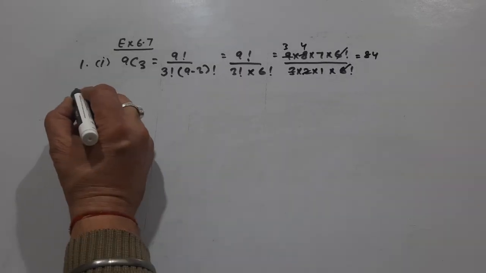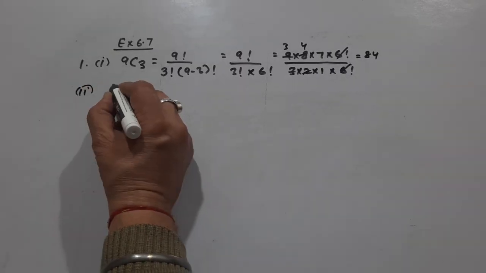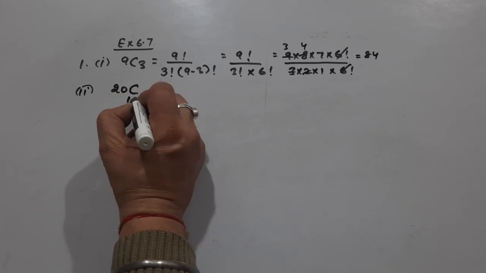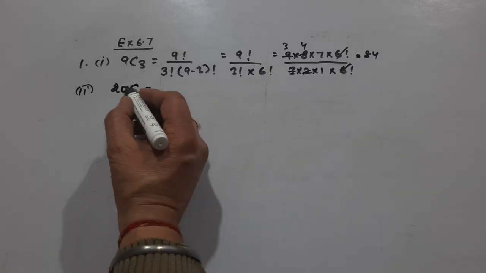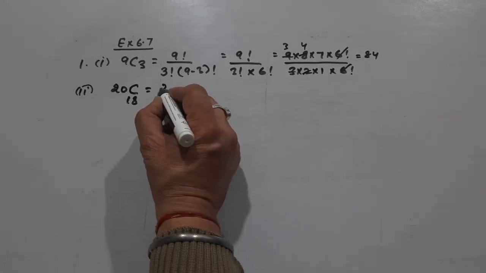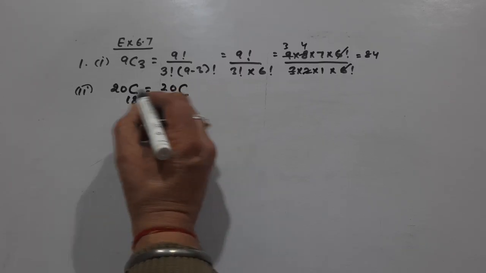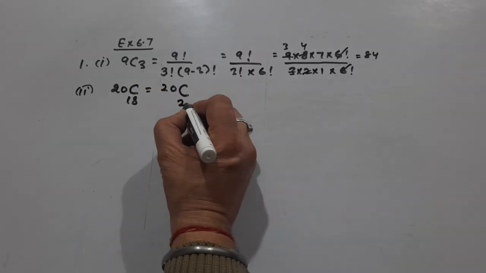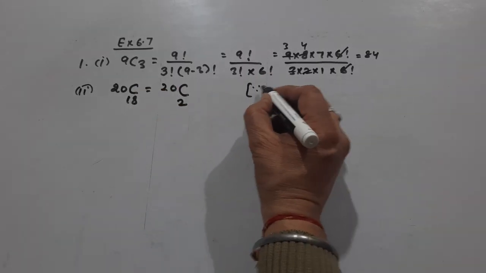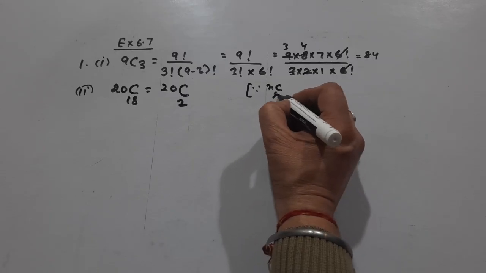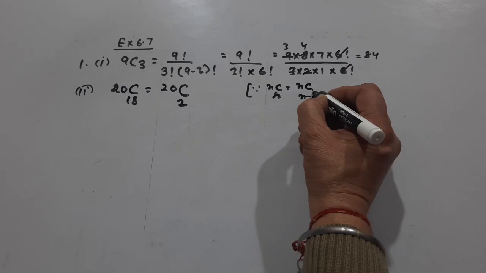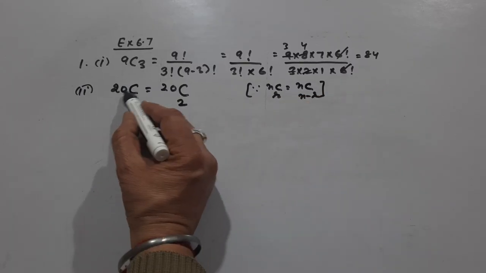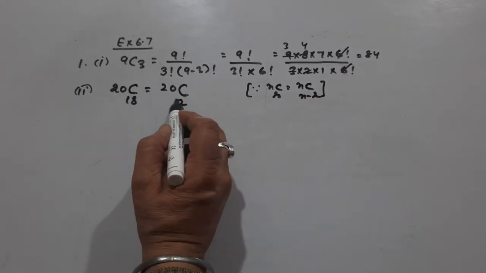Then the second part is 20C18. Now students, if we use the formula over here, then it becomes a very lengthy question. So what we do, 20C18 is equal to 20C(20 minus 18), which is 20C2, because we know the formula nCr equals nC(n minus r), and we have to use it. So 20C18 is equal to 20C2.